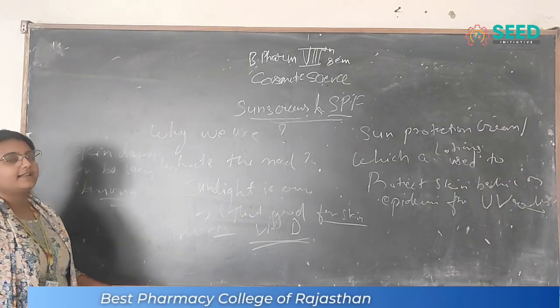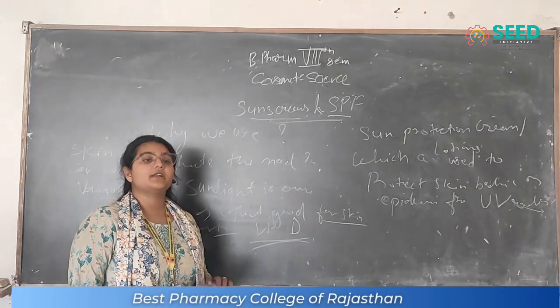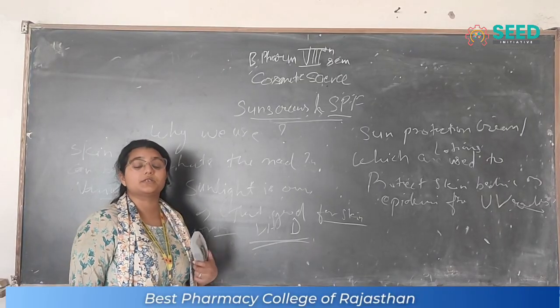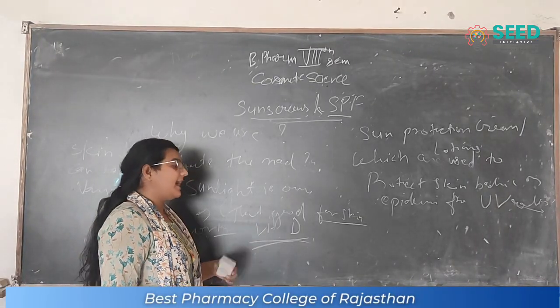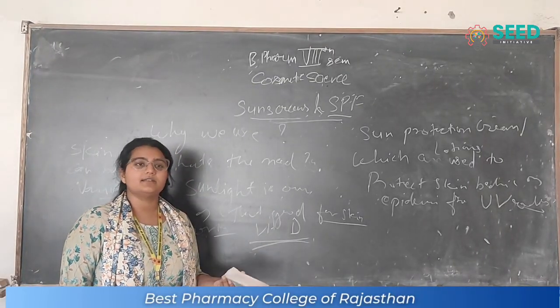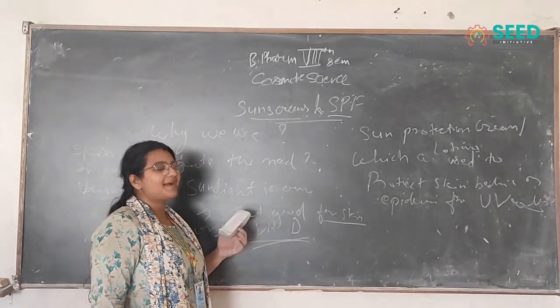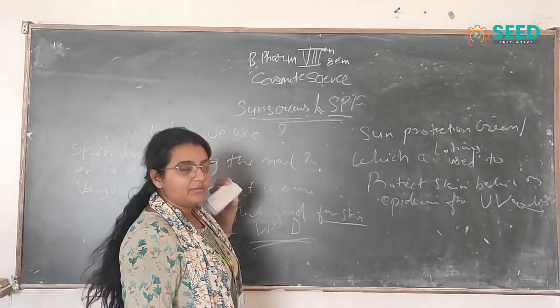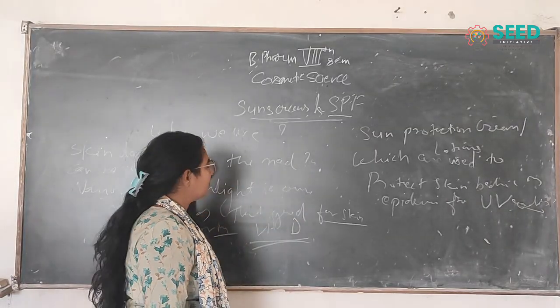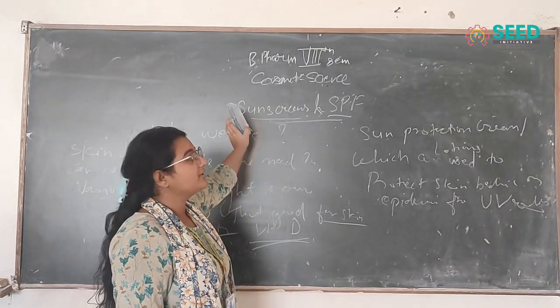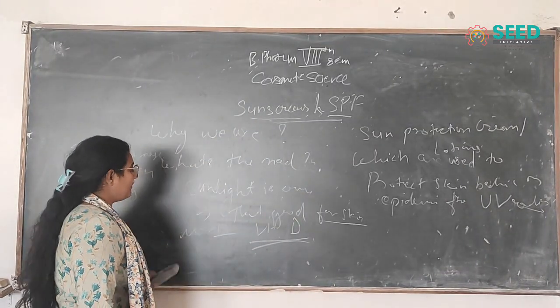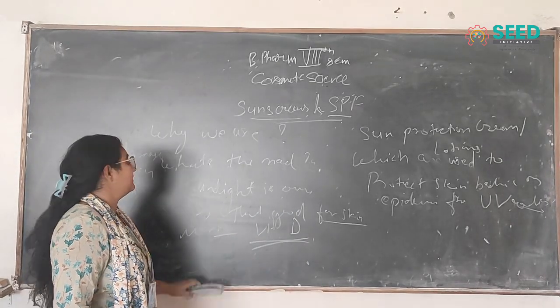Okay, there are pigmentation, hyperpigmentation, skin cancer, acne, pimples, and the uneven skin tone, and patchy skins, and many more skin diseases are related to the skin damage due to the sunlight. Now, why is it harmful for us?